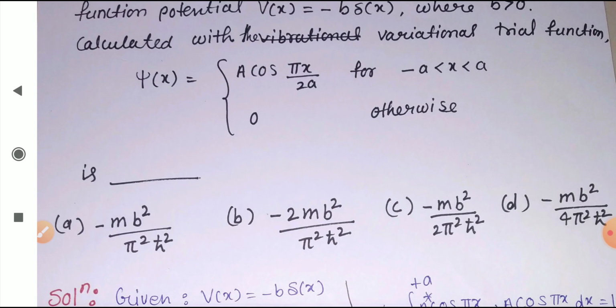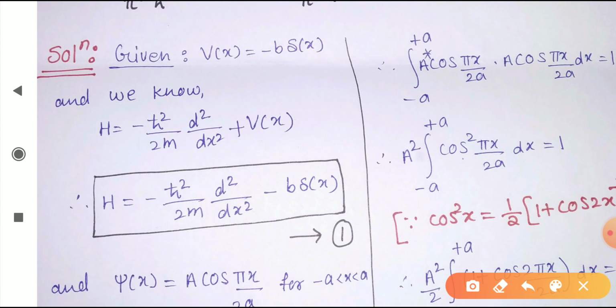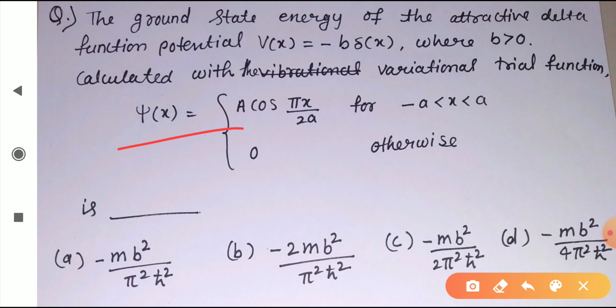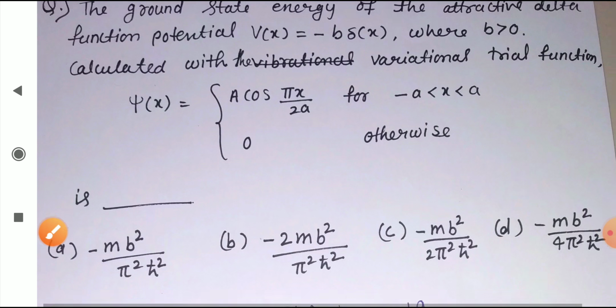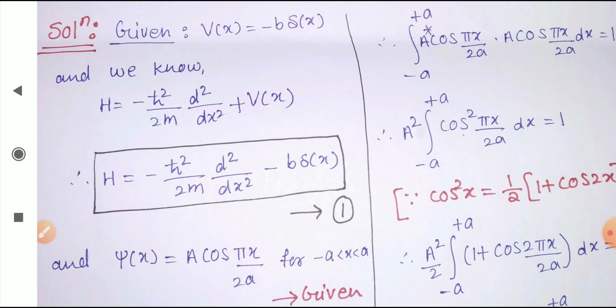First we'll write what is given to us. In this question we are given a potential, minus B delta of x, and also a trial wave function. Our first step is to take the Hamiltonian equation.